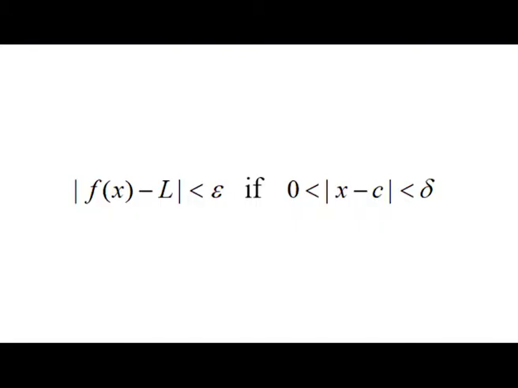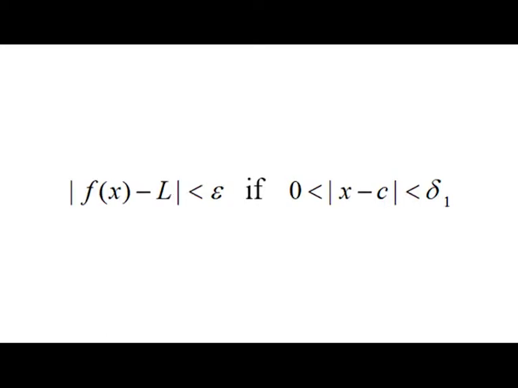That is, if it is true that |f(x) − L| < ε if 0 < |x − c| < δ, and if 0 < δ₁ < δ, then it will also be true that |f(x) − L| < ε if 0 < |x − c| < δ₁.